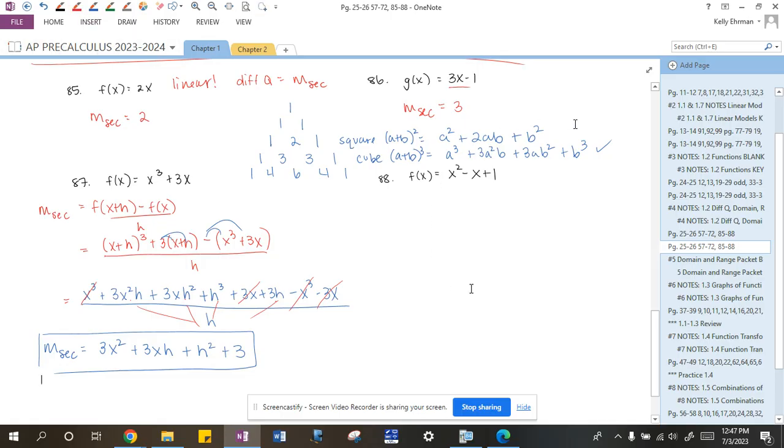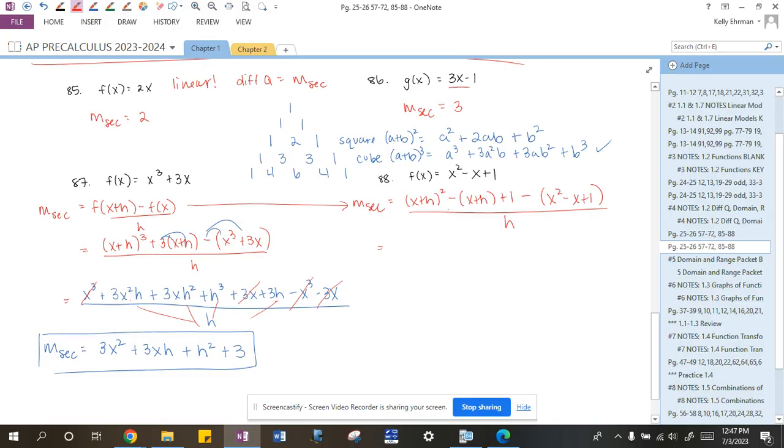And I believe this is our last problem. So formula for our secant slope, I'm not going to write the general difference quotient. I'm just going to hop right into it. So x plus h squared minus the quantity x plus h plus 1 minus all of f of x all over h.